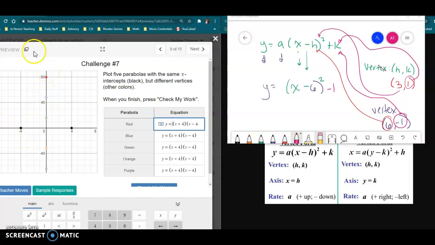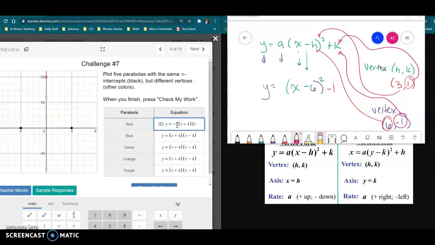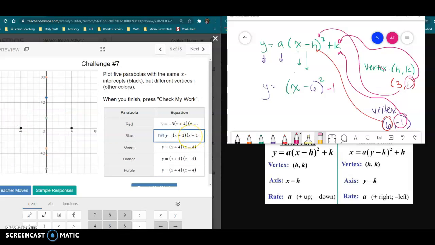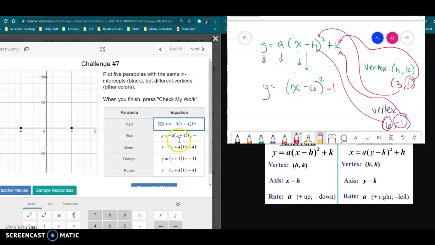So I can start with my red, which is about negative 80. Let's plug and chug. It's going to be pointing down, so let's try negative 2. Nope, a little bit too low. Try negative 3. Still a little bit too low, but I know that, hey look, blue is negative 3. So then, let's try negative 4 maybe.